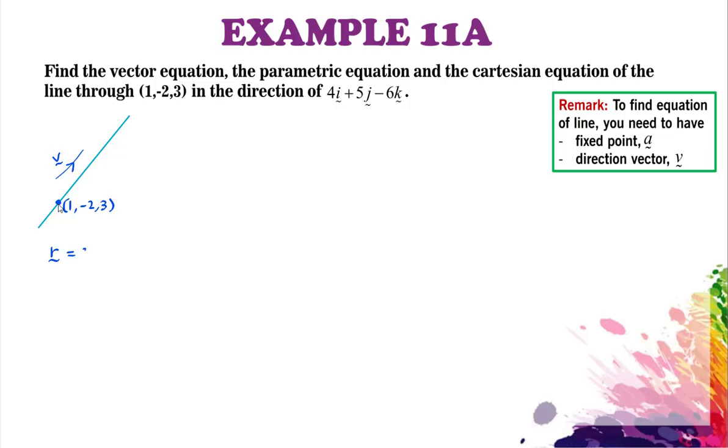So for vector equation, substitute these two vectors. We're going to have r equal to i minus 2j plus 3k plus t times 4i plus 5j minus 6k. So that's our vector equation.